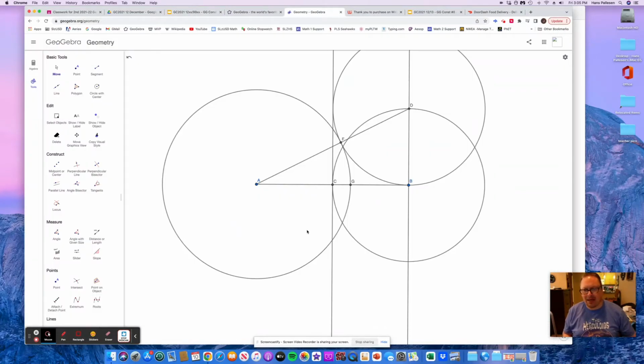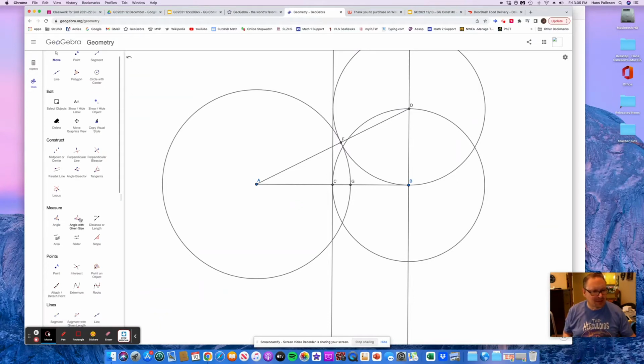Now, let's measure these so that we know what we're dealing with. I will measure the distances. Here we go. Distance. All right.